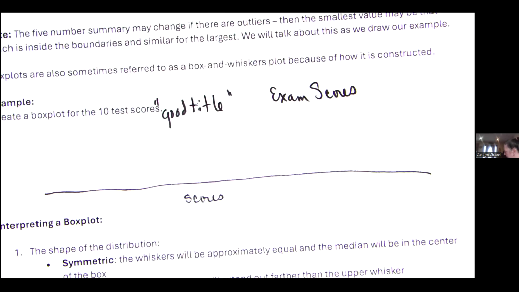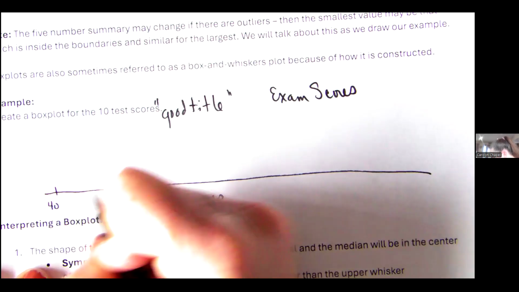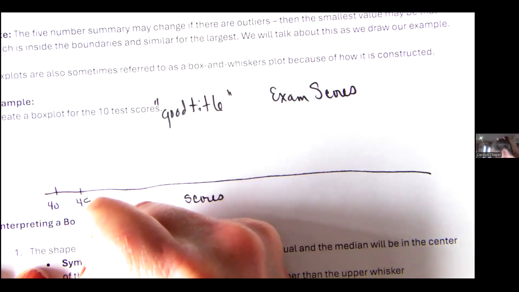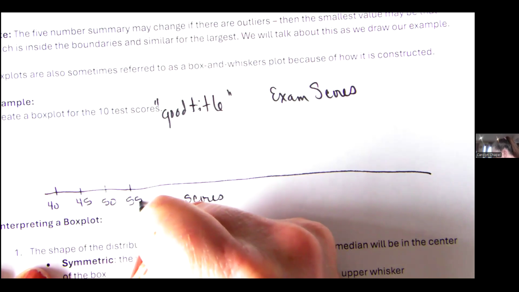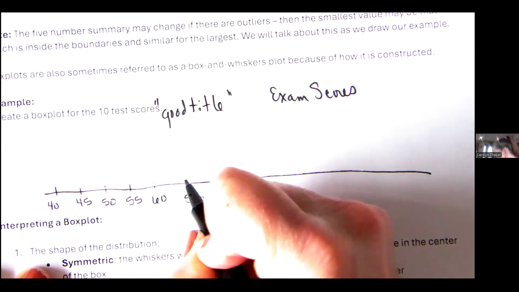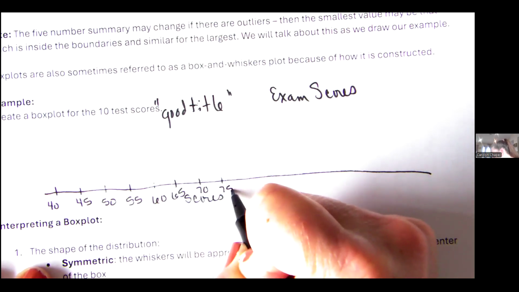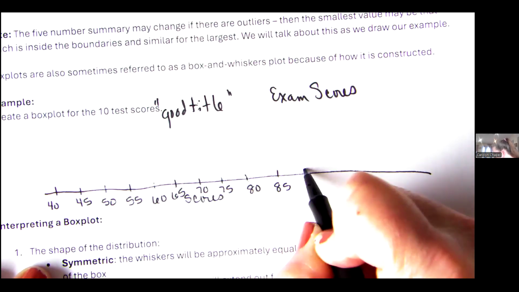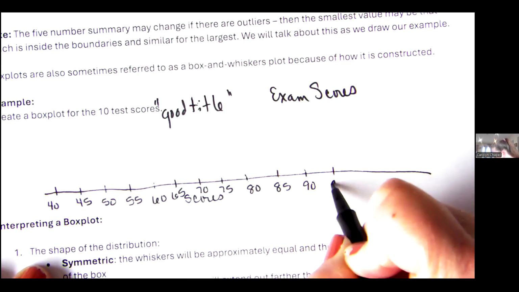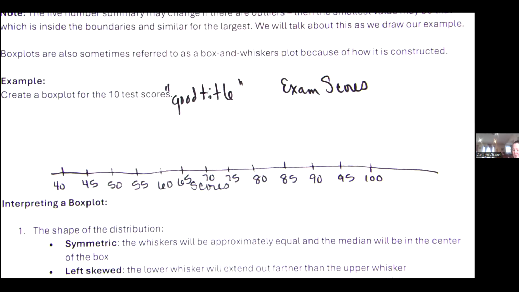And I think what I'll do is count by 5. So I'll go 40, 45, 50, 55, 60, 65, 70, 75, 80, 85, 90, and 95. And if I wanted to, I could put the 100 in there. So those are my scores.